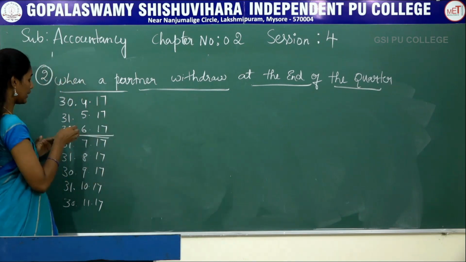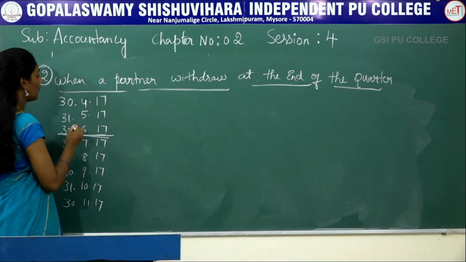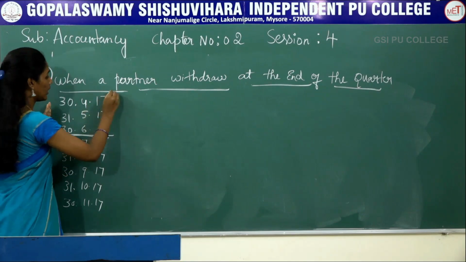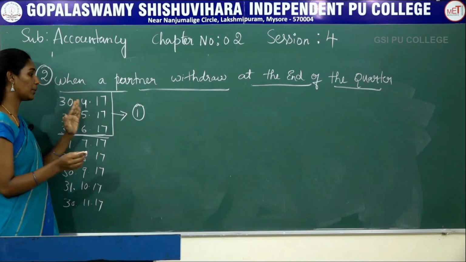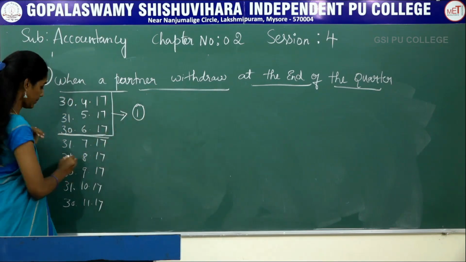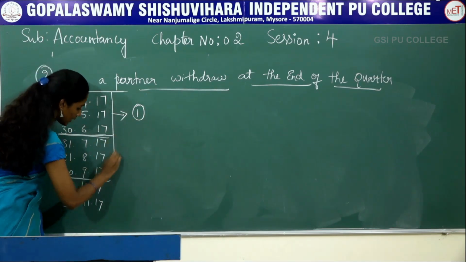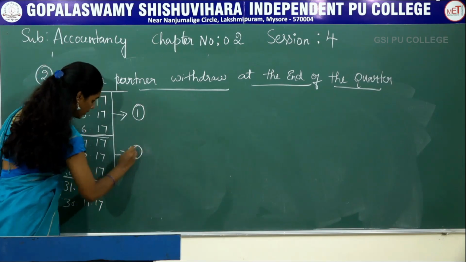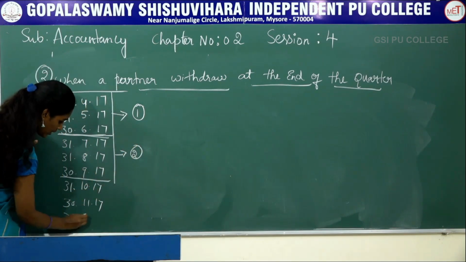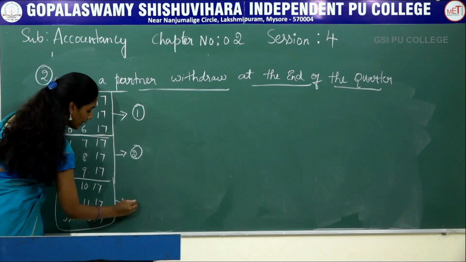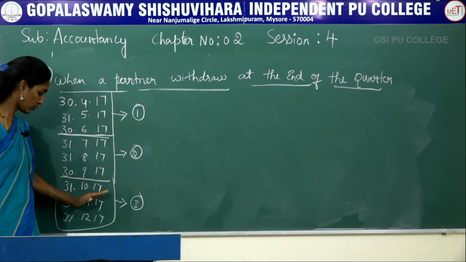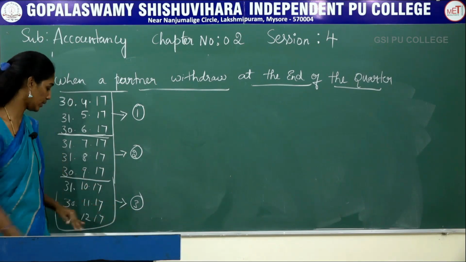So now here I can bifurcate into 3 months. So the first 3 months belong to the first quarter and the second 3 months belong to the second quarter, and the rest of the 3 months belong to the third quarter.